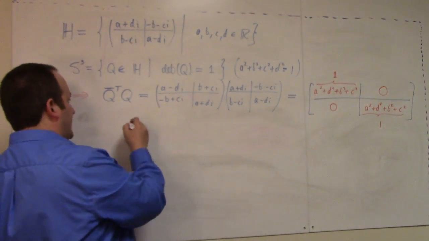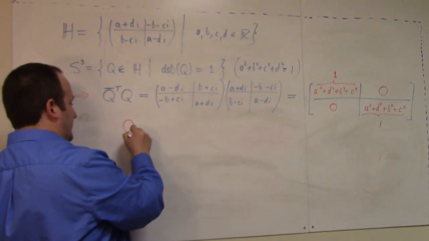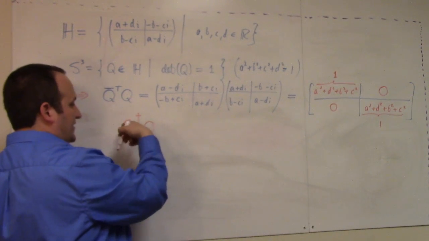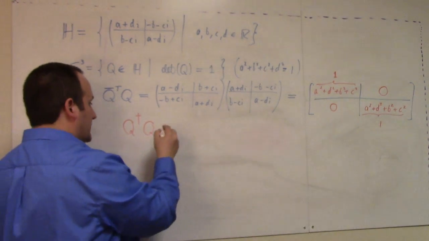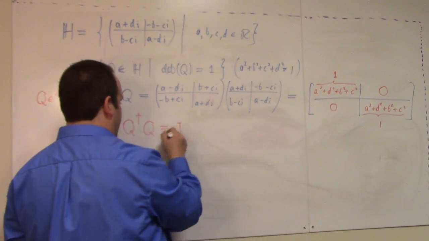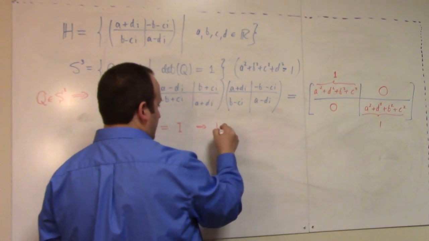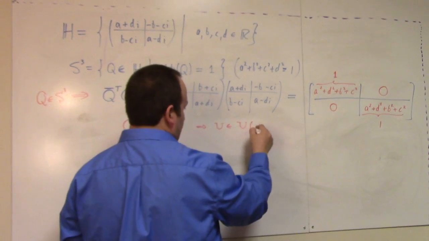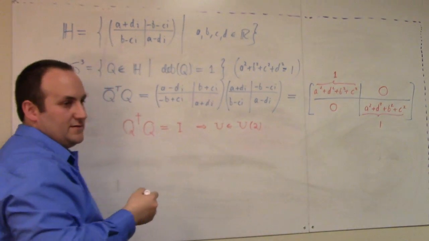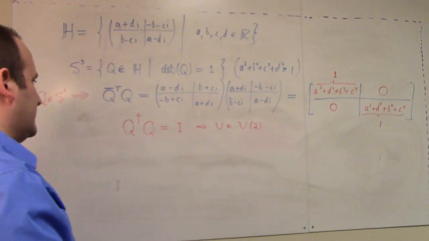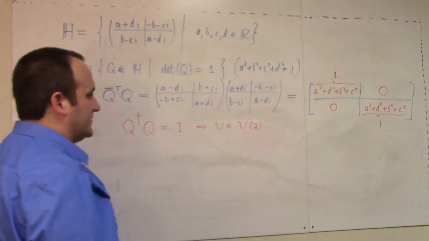So a matrix which satisfies this identity, you could also write as Q dagger Q, where this is the Hermitian conjugate, the conjugate transpose. Q dagger Q equals I once more. This is what's known as a unitary, so Q is an element of U2, as in my notation at least. Stillwell probably talks about this sometimes, I don't think he has yet.